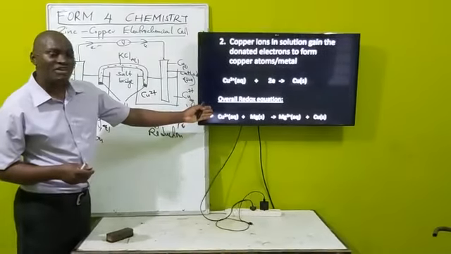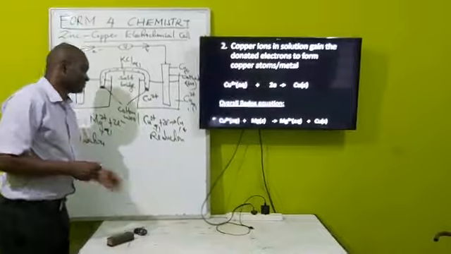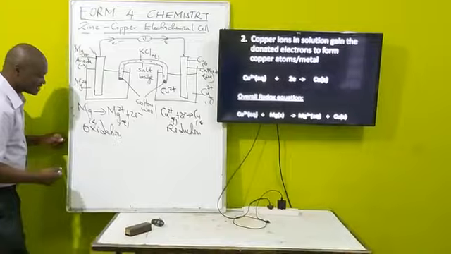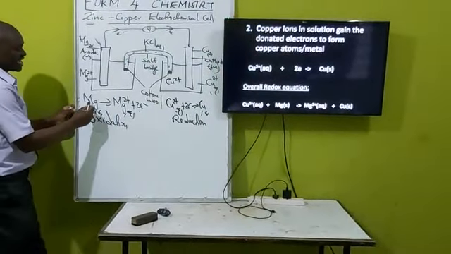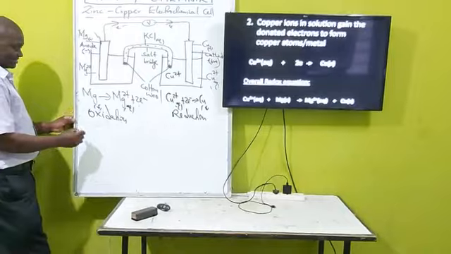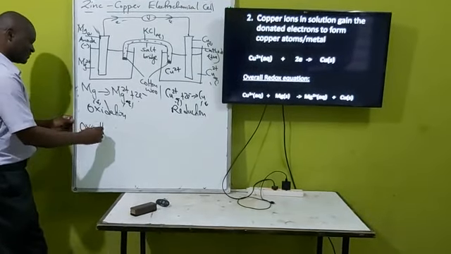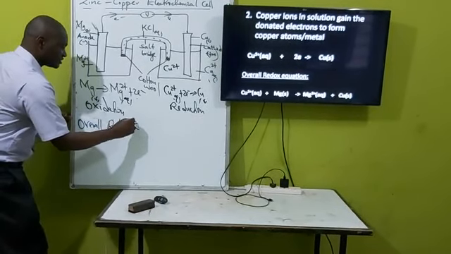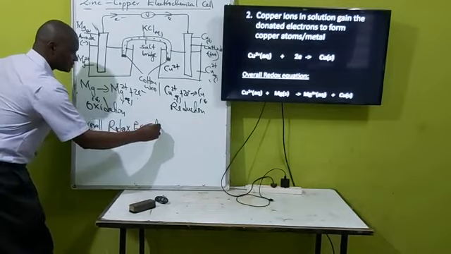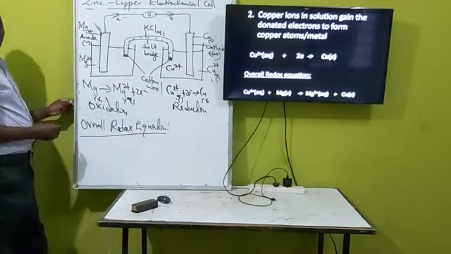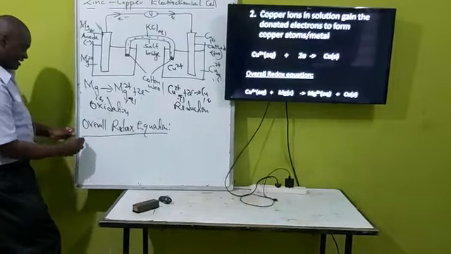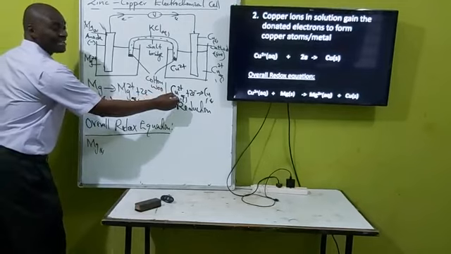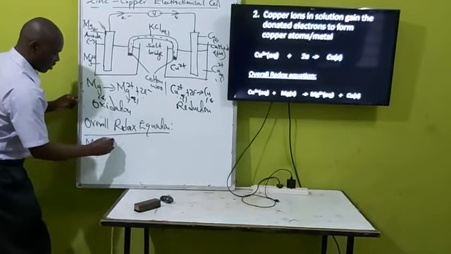Then let us come up with the overall redox equation. For the overall redox equation, we are going to combine the two. We take on the reactant side overall: the reactant here is magnesium, and the reactant on this side is copper ions.